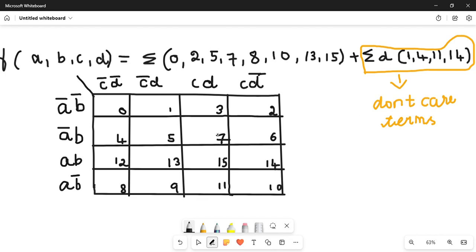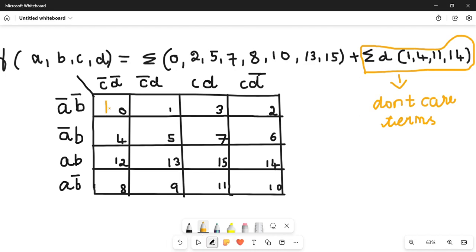So here, this is the numbers that we have written over here, and let me start writing the things. So what is the number given first? That is 0. You can see that is 0, 2, 5, 7, 8, 10, 13, 15. All these numbers are considered as normal minterm numbers wherein you are going to substitute the value 1.